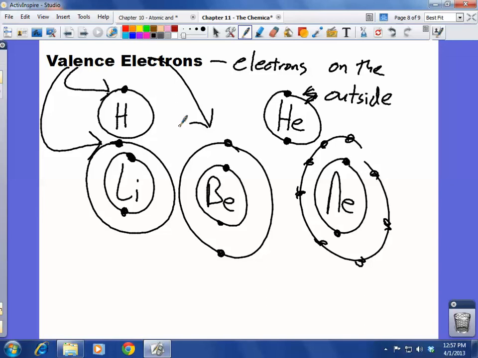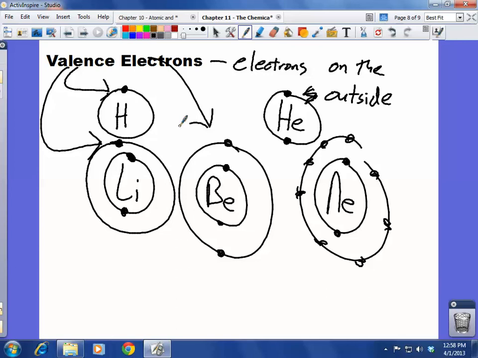Okay? Same way with beryllium. Beryllium has 4 total, but I really care only about these 2 on the outside. Because these 2 in the middle, all right, are close enough to the nucleus that they're not going to react much. So really, if I look at the periodic table, just by saying where it is, I can say how many valence electrons it has.